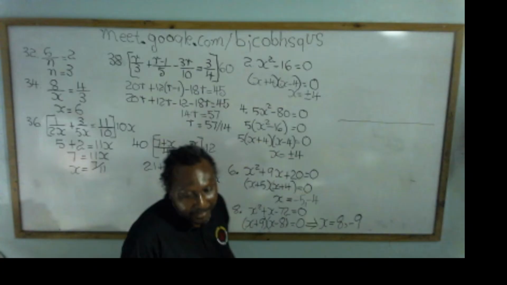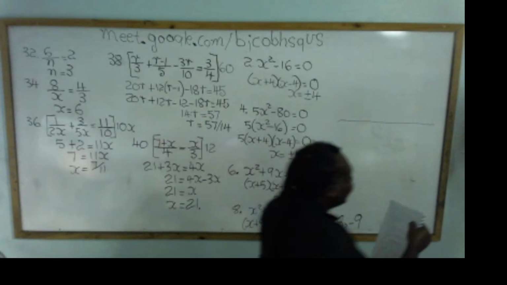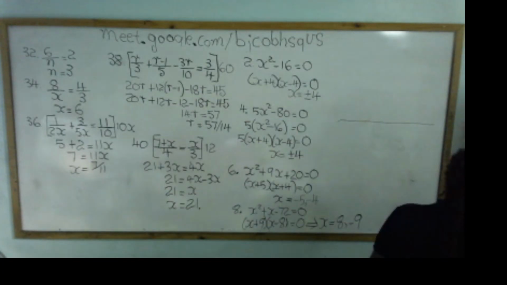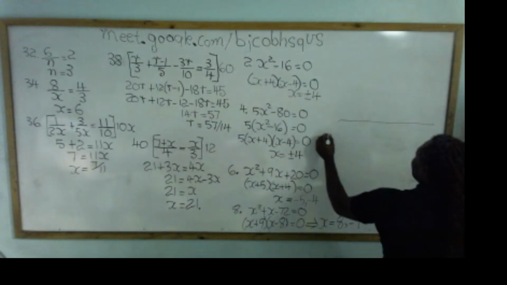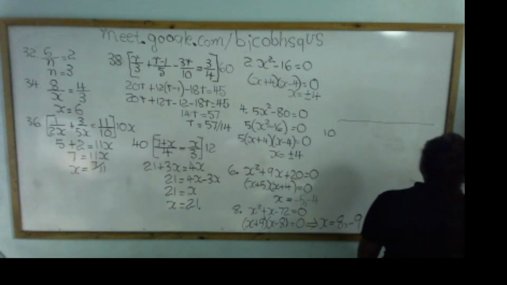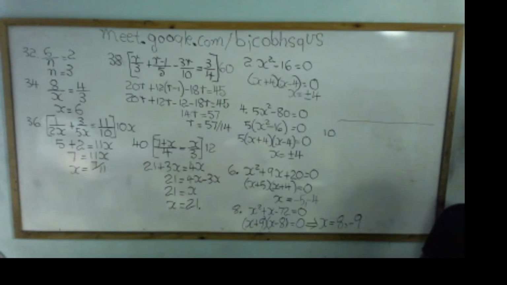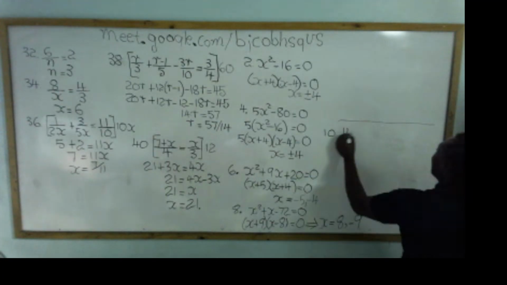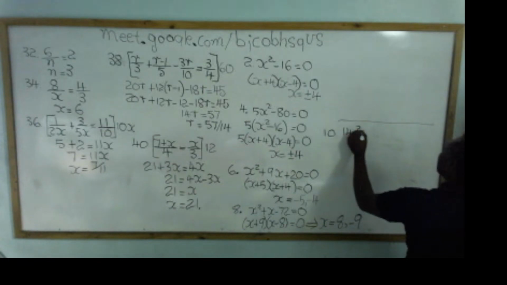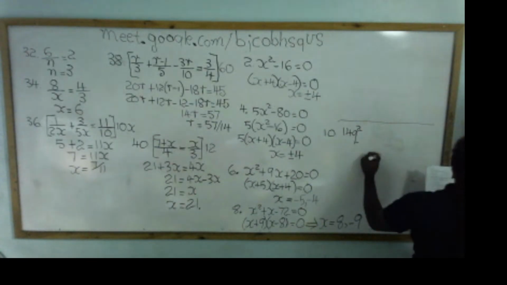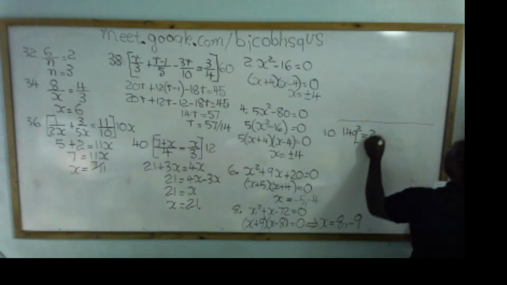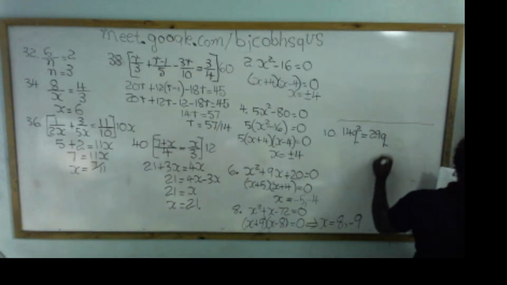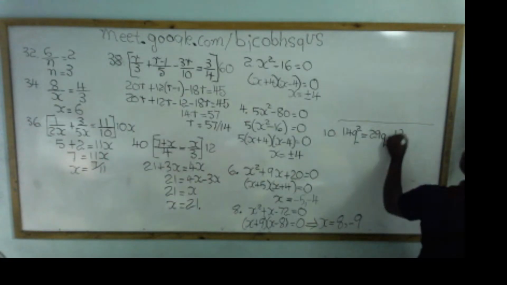Right below that line, I may put number 10. 14q squared is equal to 29q minus 12.